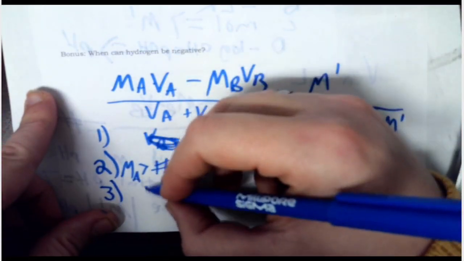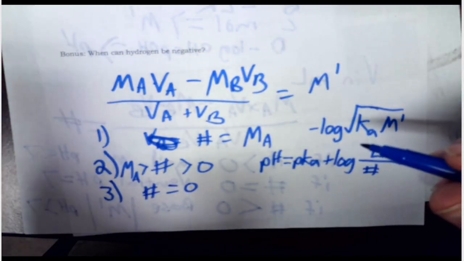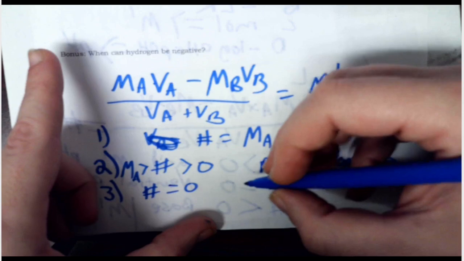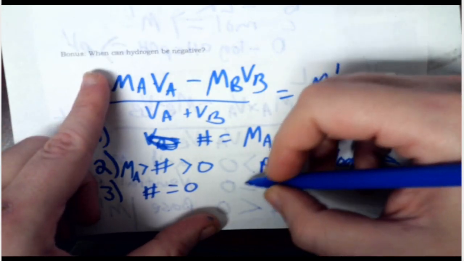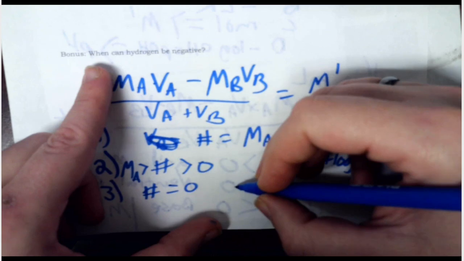When our number is essentially 0, we can no longer just ignore it. Now we have to say that this is a base.